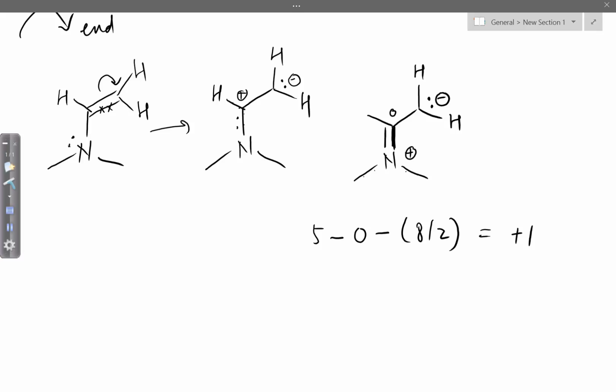For this, you will need to learn about resonance, which is this part.